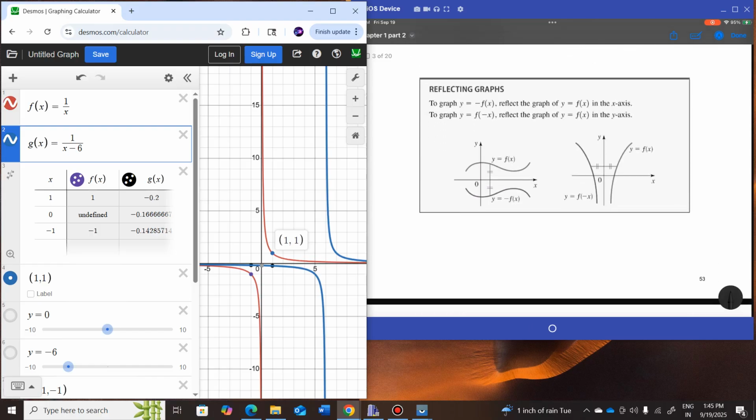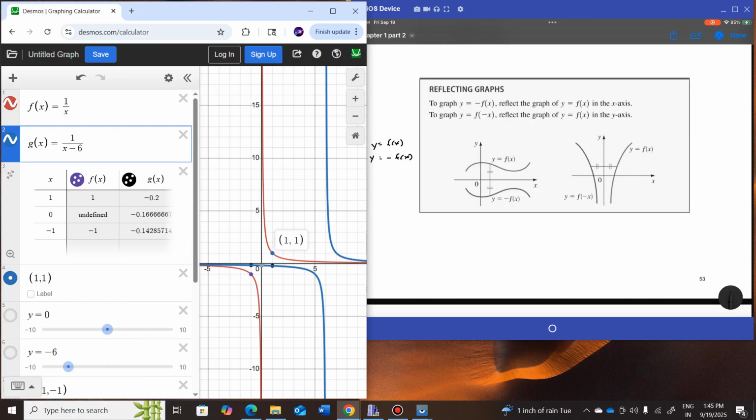Alright, so next thing is reflections. If the negative applies to the whole function, it reflects it across the x-axis. The reason is that if you have y = f of x and put a negative sign on the f of x, then the y is now negative.